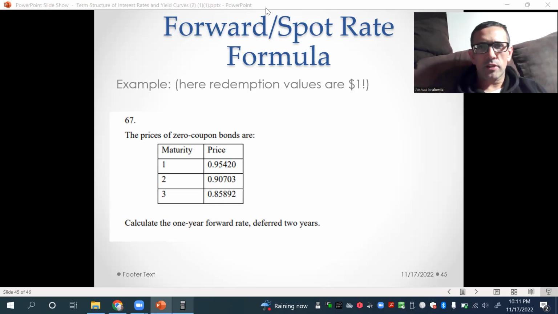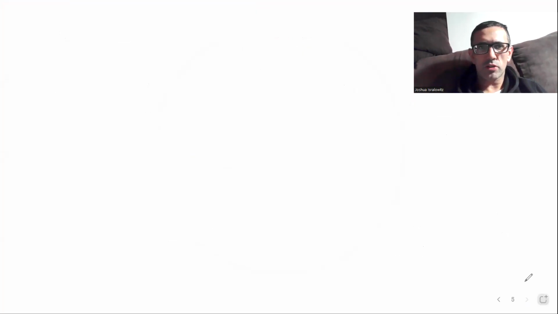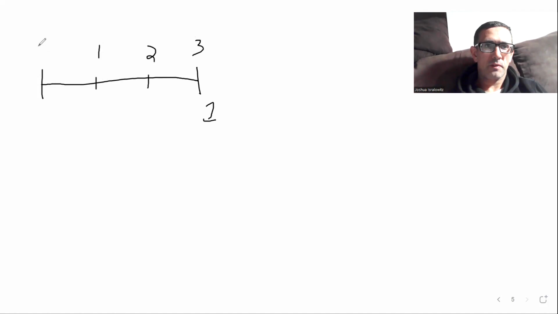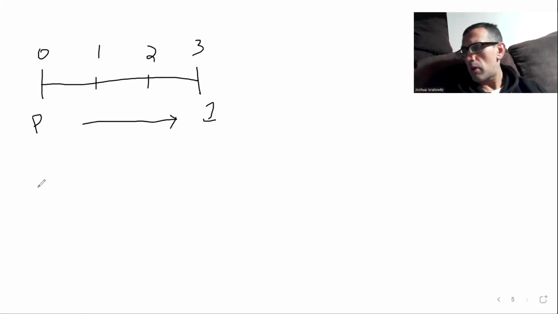All right, so I'll remind you of how a zero coupon bond works. It's extremely simple. The idea is that I get $1 back after, let's do, 3 years. I pay P and I get $1 back.